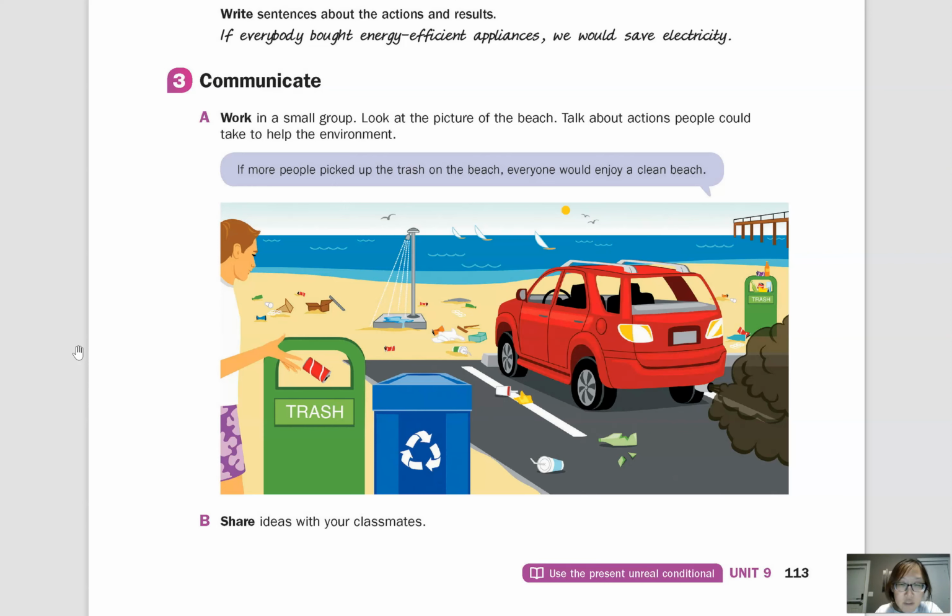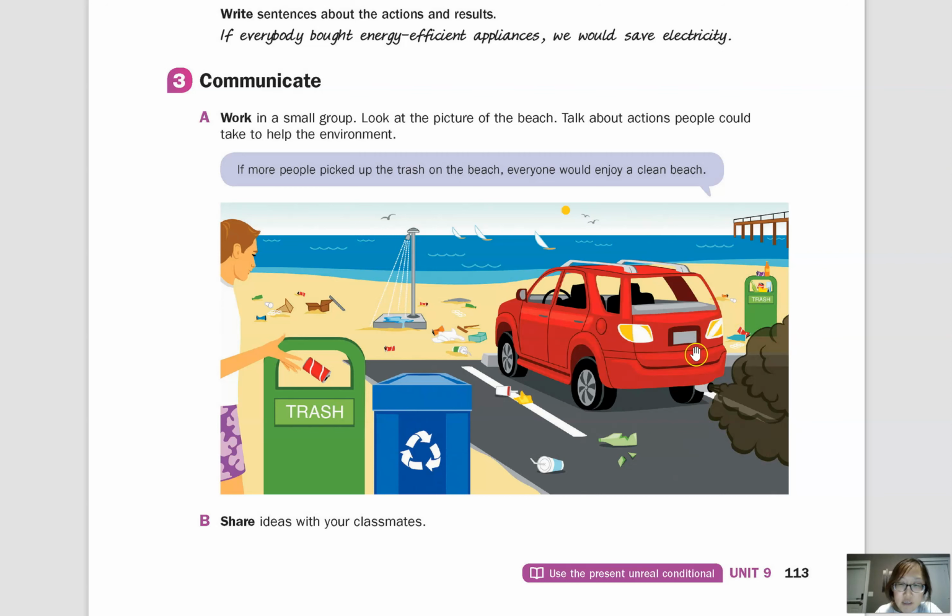Okay, so I'm just going to mention a few sentences you could make. So let's see. Of course, this example sentence is talking about this situation. Now let me make a sentence about this situation. So if everybody walked to the beach, there would be less pollution.